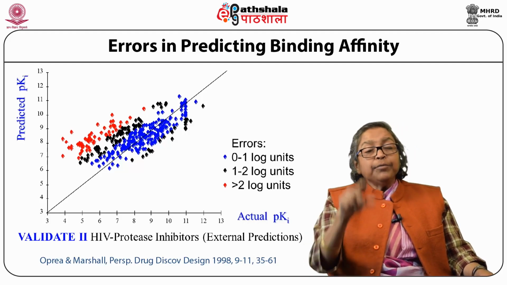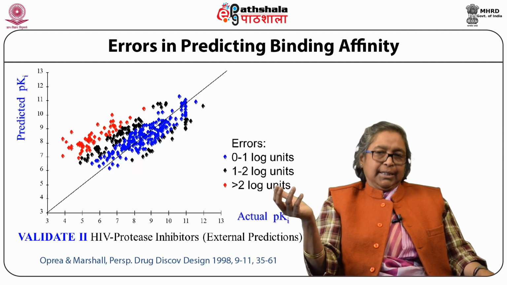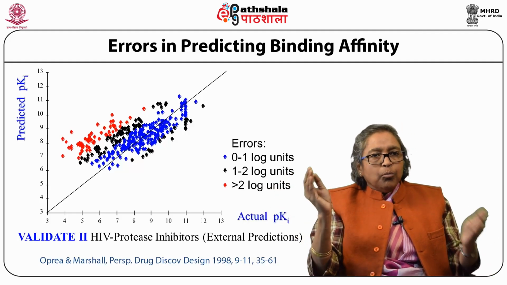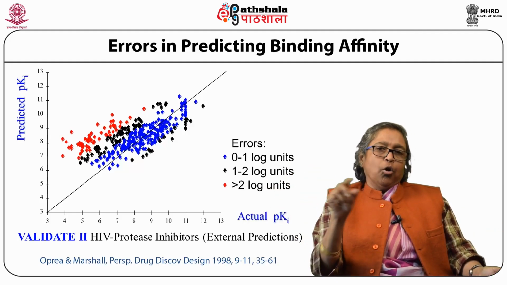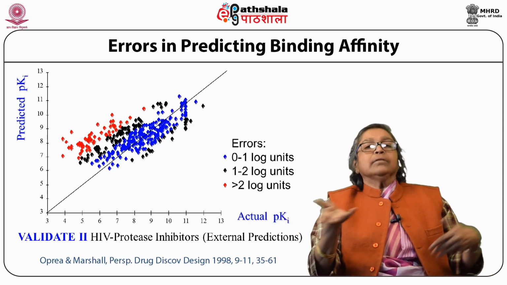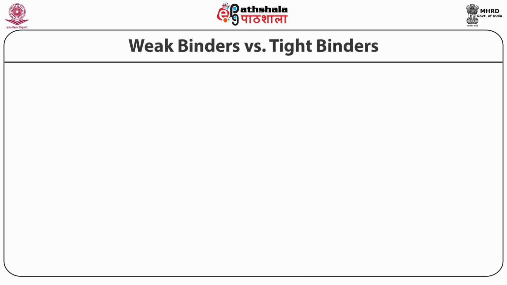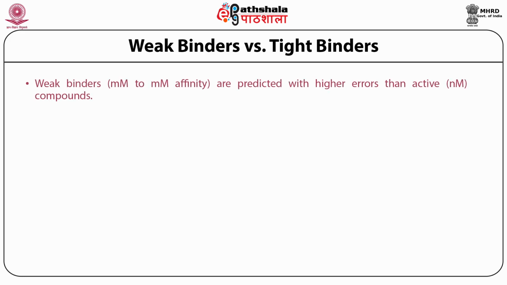Hence, deriving from this knowledge, the scoring function must be monitored in such aspects for better binders and weak binders. As we see from our previous slides, there is a difference between the weak binder and the tight binder. Most often the weak binders, which have micromolar to millimolar affinity, are predicted with more errors than the active ones, that is, the very good ones.